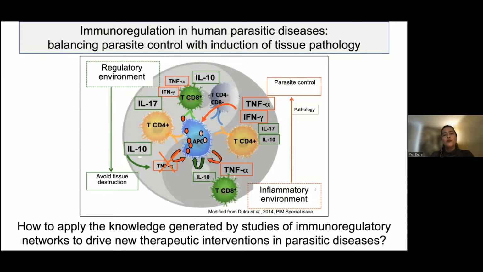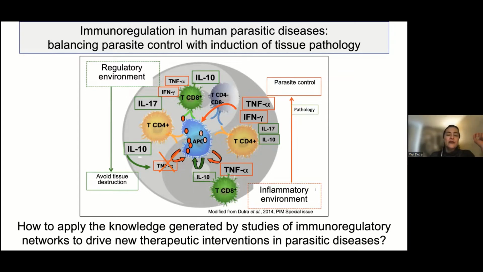We wanted to keep people with a balanced response in a way that they don't have tissue destruction and severe forms of these diseases. So the main question that we've been asking in the lab for many years is how to apply the knowledge generated by the study of these immunoregulatory networks to drive new therapeutic interventions for parasitic diseases.